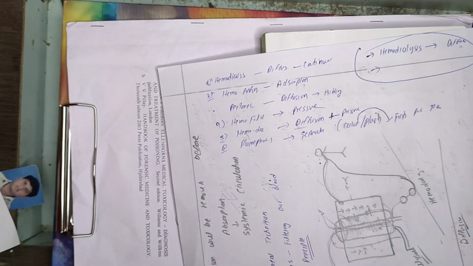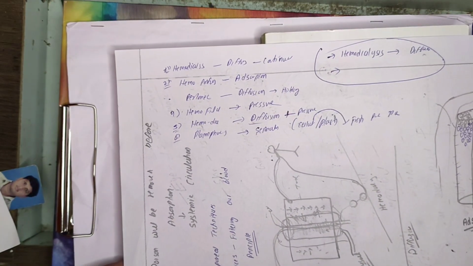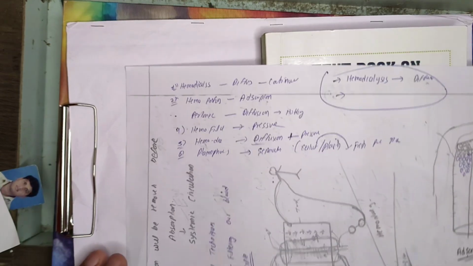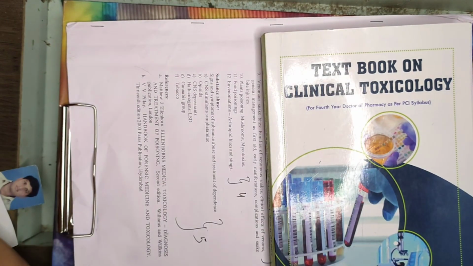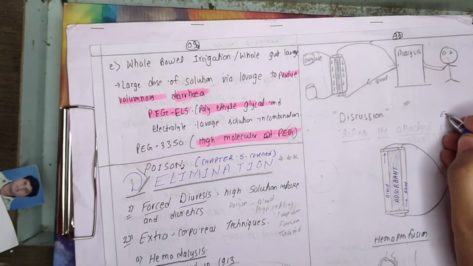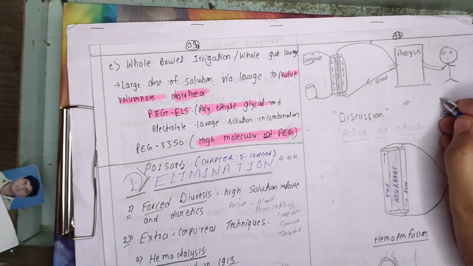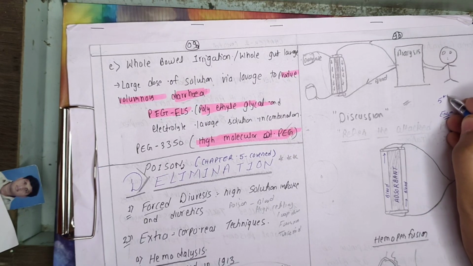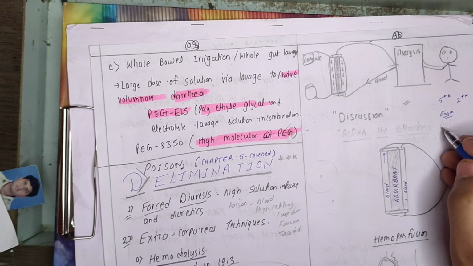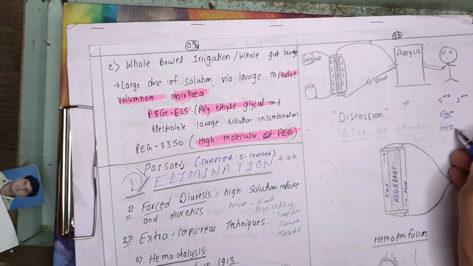In this way we understand the extracorporeal techniques. These extracorporeal techniques are very important from an exam point of view. We can expect a 5 marks question, sometimes even a 2 marks question, sometimes even a 10 marks question, and the principles may also appear in MCQ type questions.